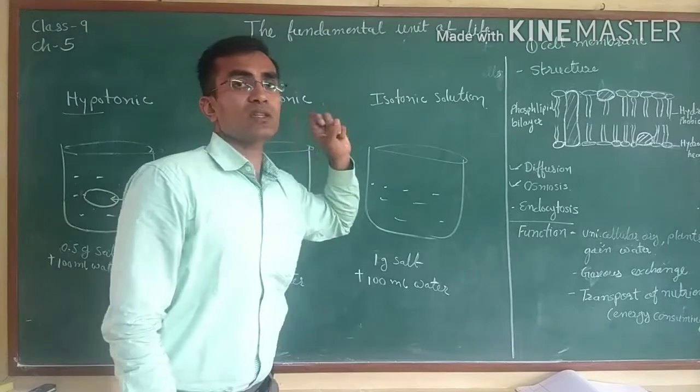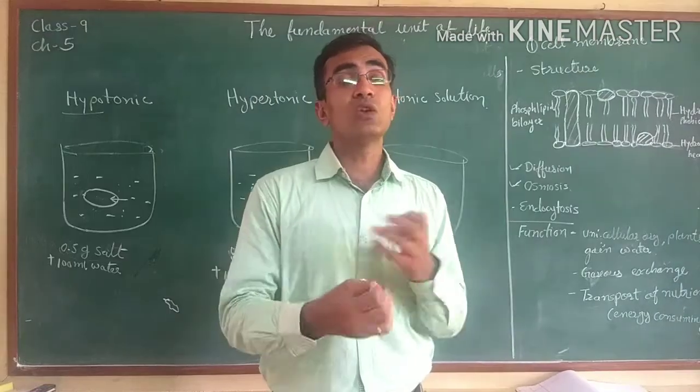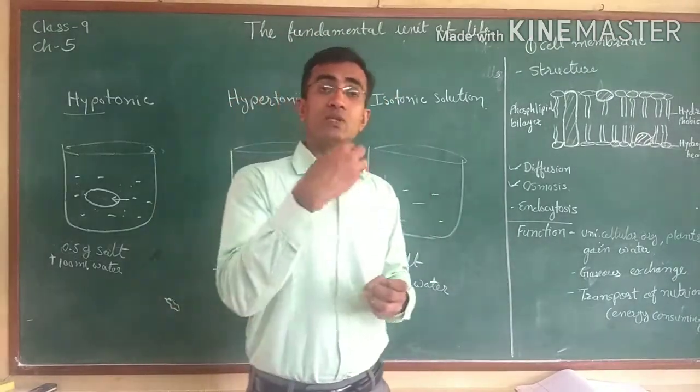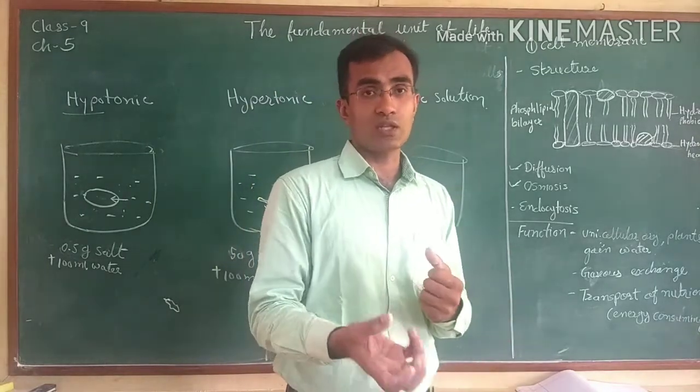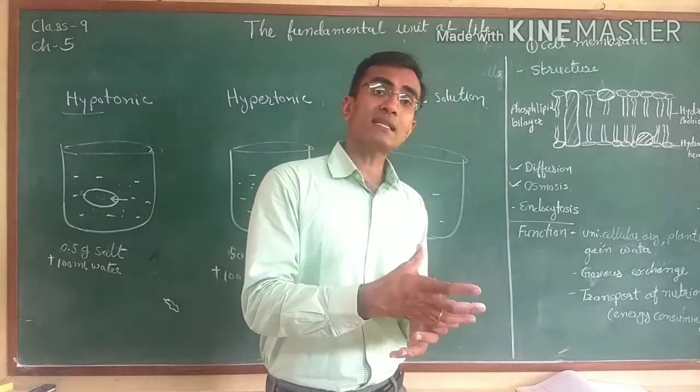The third one is called the isotonic solution. The cellular concentration is similar to the normal saline solution concentration. So the normal saline, how to make?